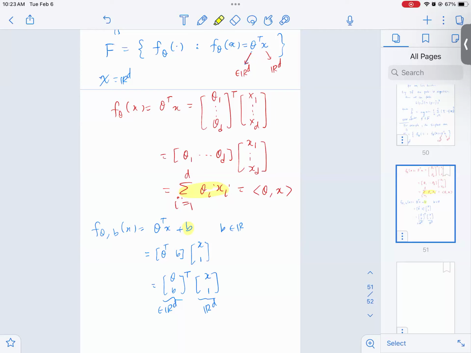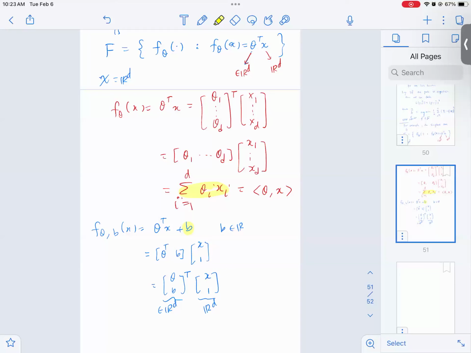For reasons that are unclear to me, it's very confusing to call this bias, because usually bias for statisticians is something that we talked about. But a statistician calls this an intercept, and ML also calls it bias.